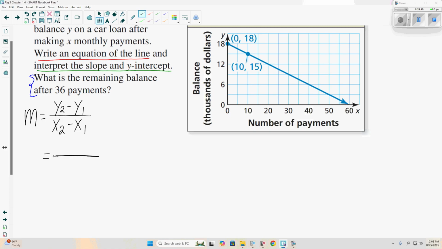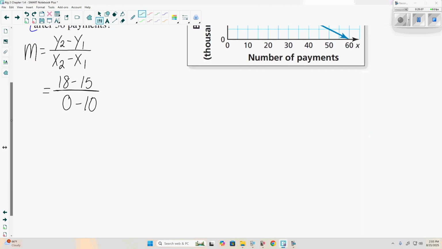Which y value do we want to use first? 18, minus the other y value, which is 15. What x corresponds to our 18? 0 or 10? The 0. Because whichever y value we put first, its corresponding x value has to go first. Y and y, x and x.